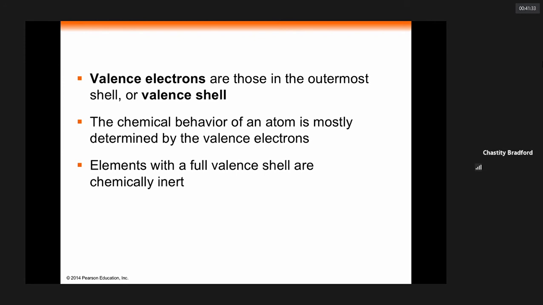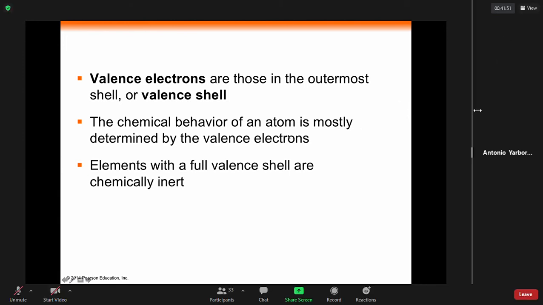Now, these valence electrons, I'm getting you to work on your language of science. They tell you something about the atom. What do they tell you, Yarborough? The valence electrons are these electrons in the outermost shell, correct? What do they tell you about the atom?